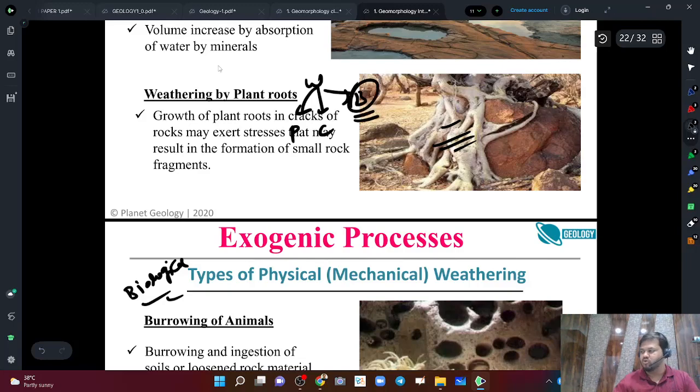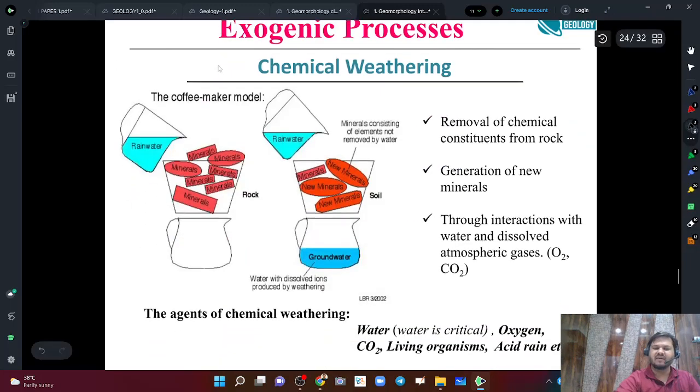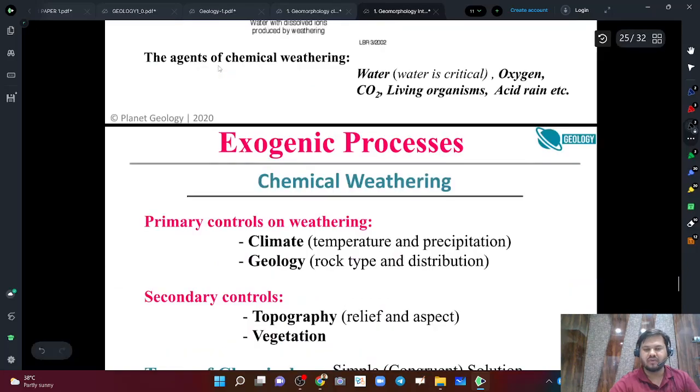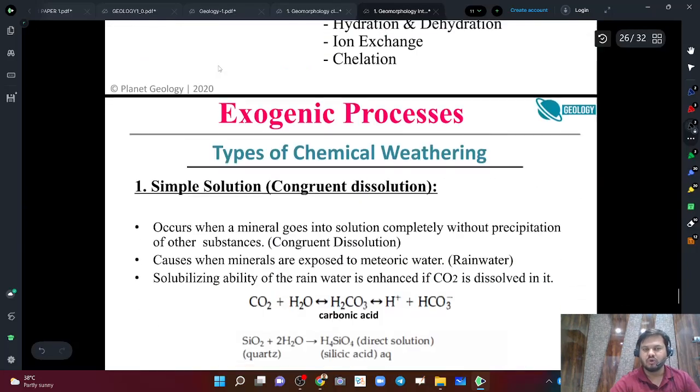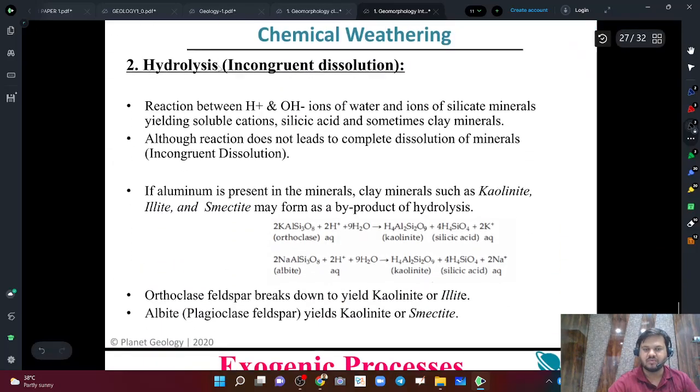Biological is weathering done by humans, animals, and plants. Burrows created by rats and other insects are also an example of weathering of rock. We'll cover it in full detail, so do not worry. I'm skipping it for now. This is just one type of exogenetic process, and you should keep your focus here.